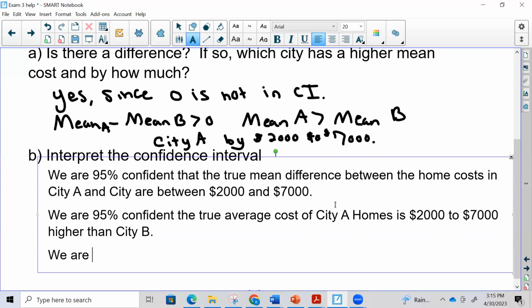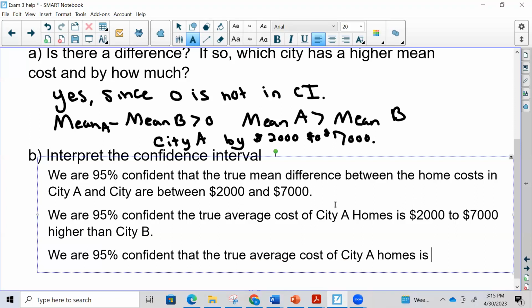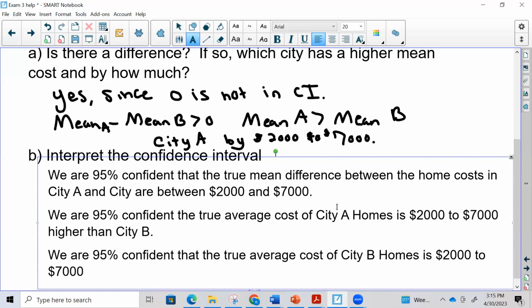We are 95% confident that the true average cost of city B homes is 2,000 to 7,000 lower than city A. So we can frame it in any of these contexts, and they would be the correct interpretation.